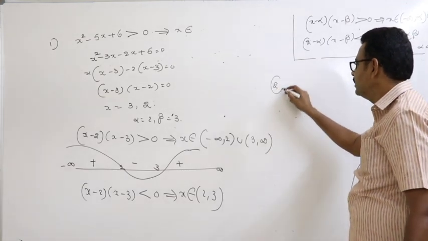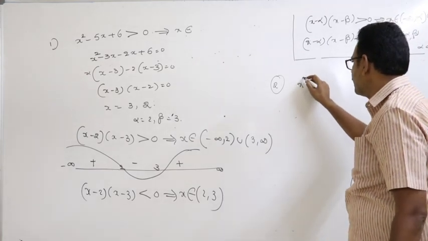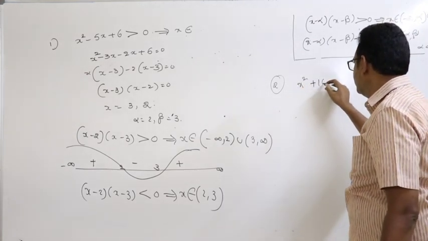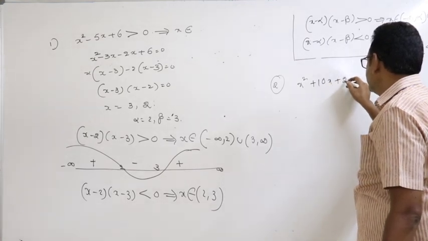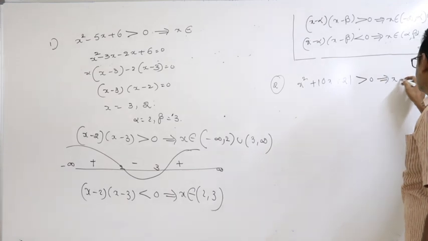I will give one sum, you try this. x square plus 10x plus 21 is greater than 0 implies x belongs to.